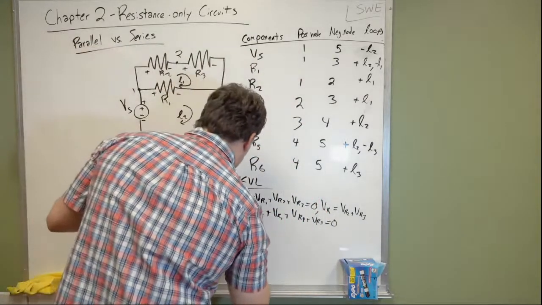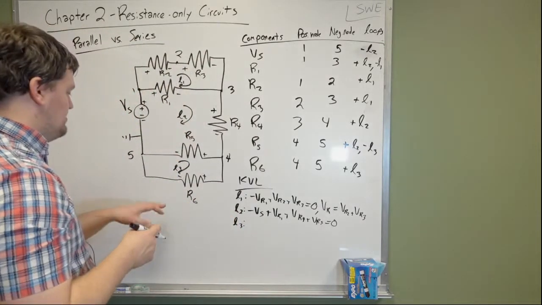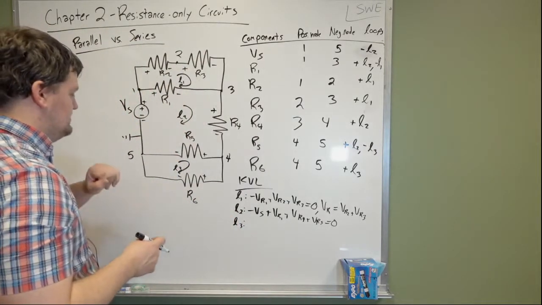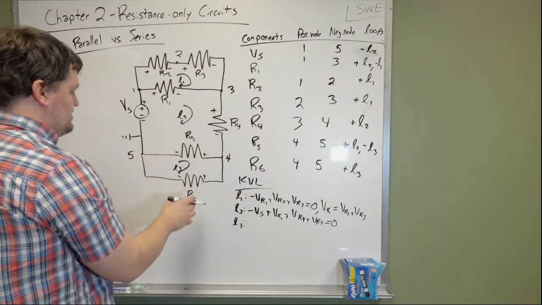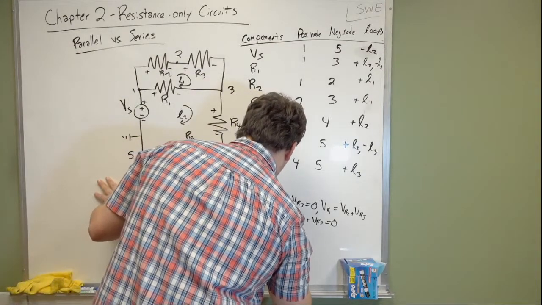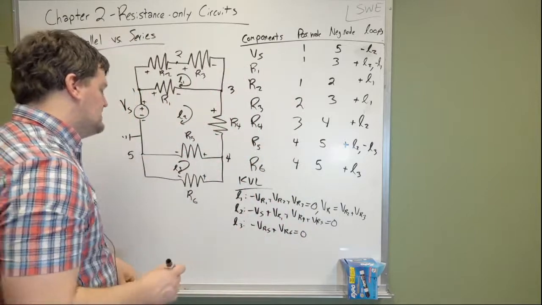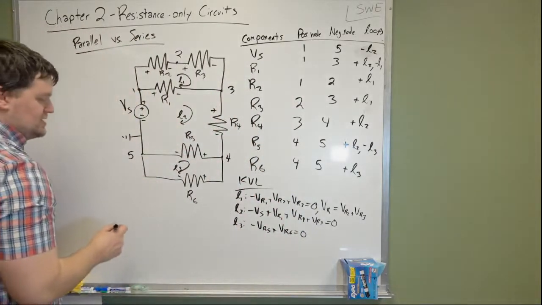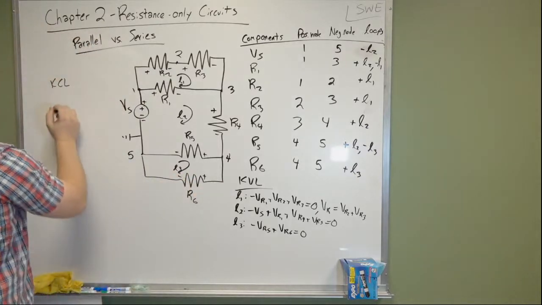And then for loop 3, what we end up with is, here you've got VR5 and VR6, so negative VR5 plus VR6 is equal to 0. Okay, so that's KVL. Our KCL equations, because we have 5 nodes, I'm going to write them over here.